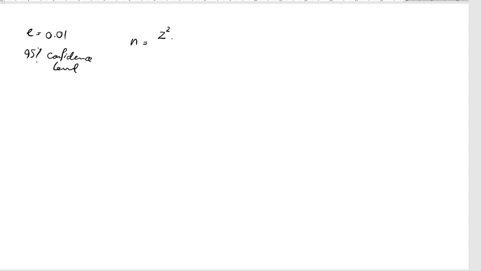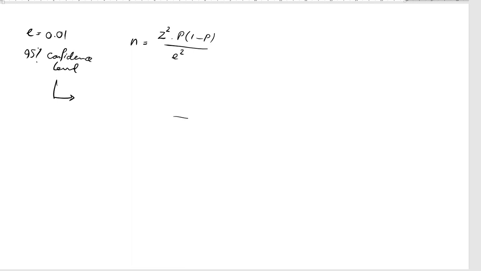And formula for a sample size is n equals z squared times p times 1 minus p over e squared. That's the formula you get from the formula sheet. I have e, I don't know z, and I don't know the p. So what about z? From confidence interval I can find what is the value for z.